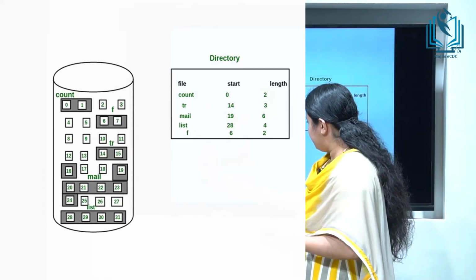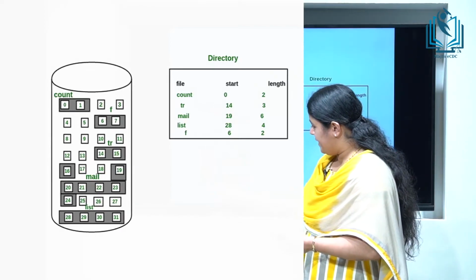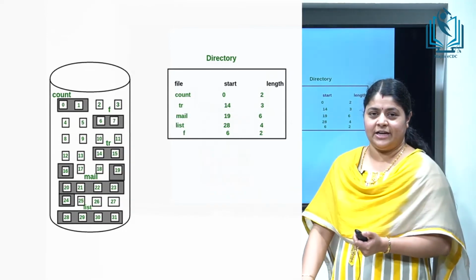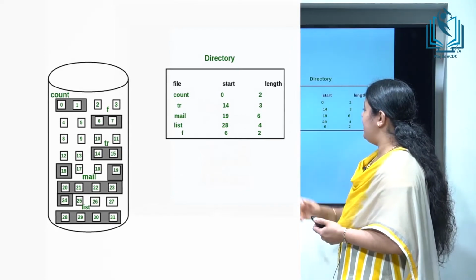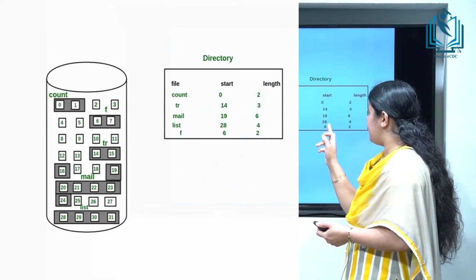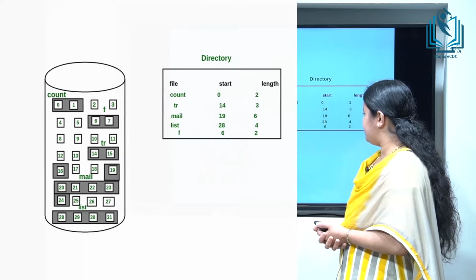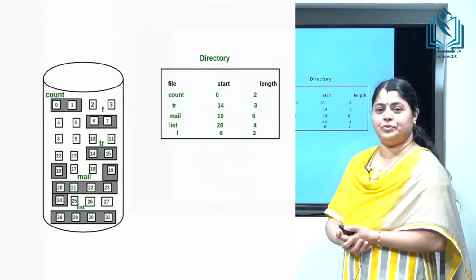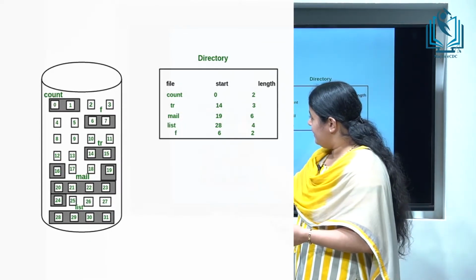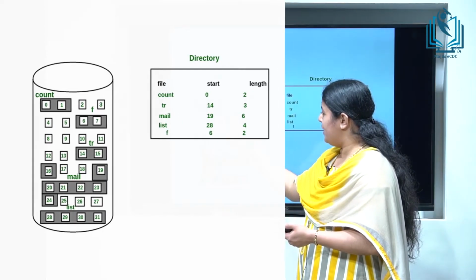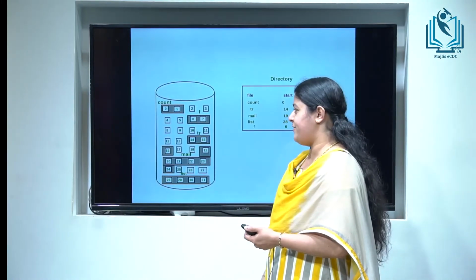Then the list file is stored in the locations 28, 29, 30 and 31. Last one is f, the starting location of the block is 6 and the length is 2. Then in the disk allocation, f is stored in the blocks 6 and 7.